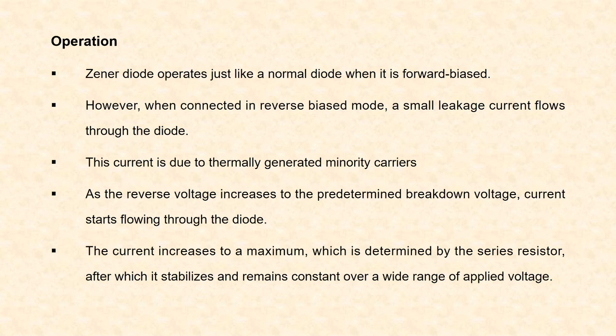As we increase the reverse voltage to a predetermined breakdown voltage called Zener breakdown voltage or knee voltage, the current starts flowing through the diode. This current increases to a maximum value, and this value is determined by a series resistor, and after reaching the maximum value it stabilizes and remains constant over a wide range of applied voltage. Because of this, Zener diode finds application as voltage regulator.